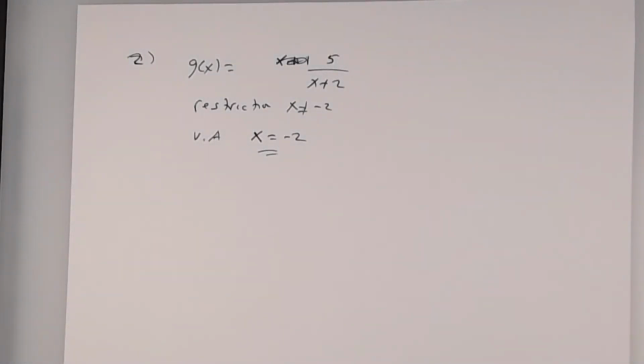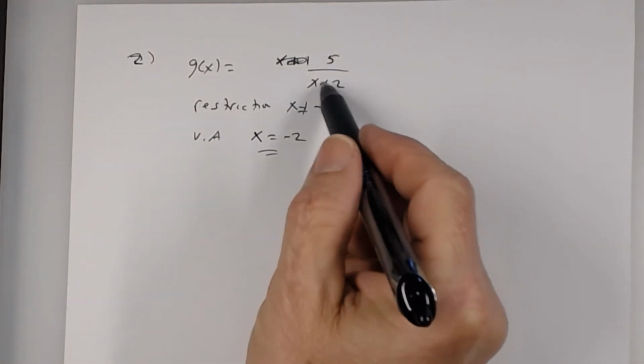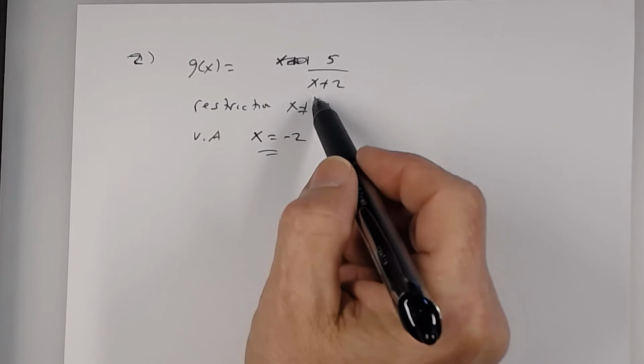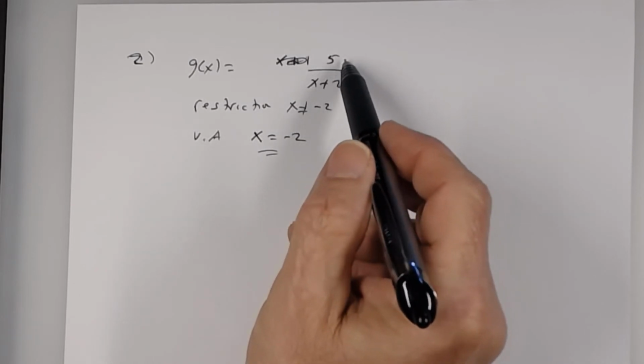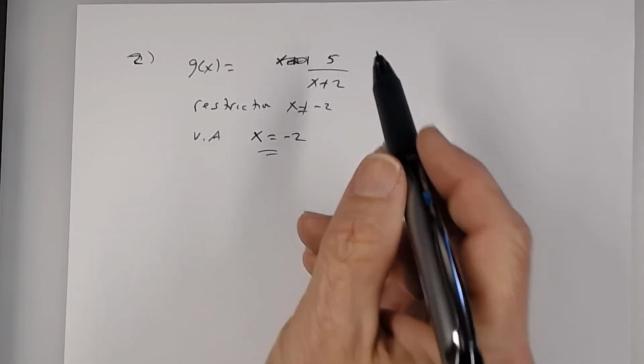Now, all we know so far is based on our knowledge about horizontal asymptotes. Are the degrees the same? No. What is the degree of the denominator? 1. What is the degree of the numerator? 0. All right.